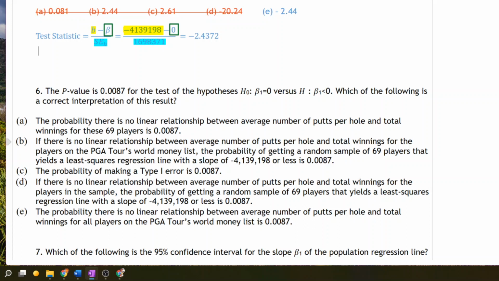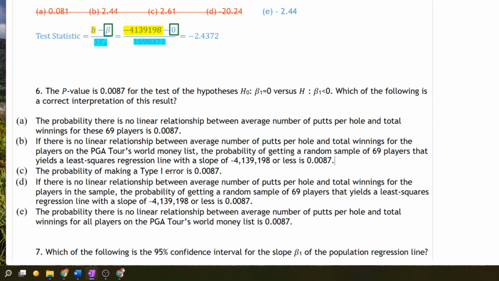So let's read through the choices here. Letter A, the probability that there is no linear relationship between the average number of putts per hole and the winnings of the 69 players is 0.0087. That's a gross simplification of what that p-value is.